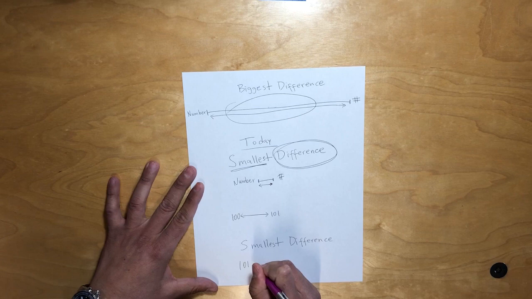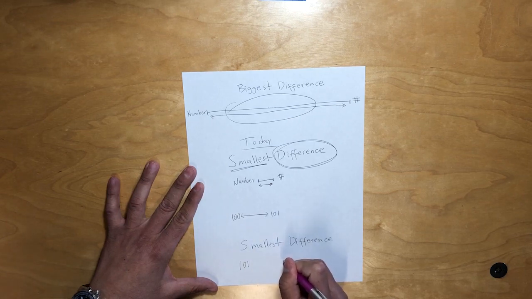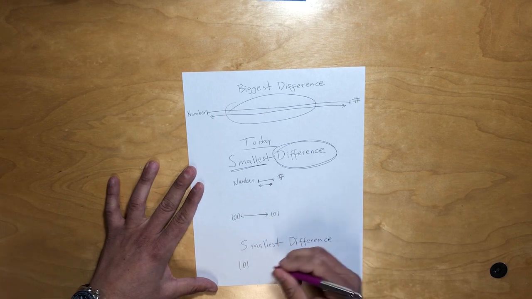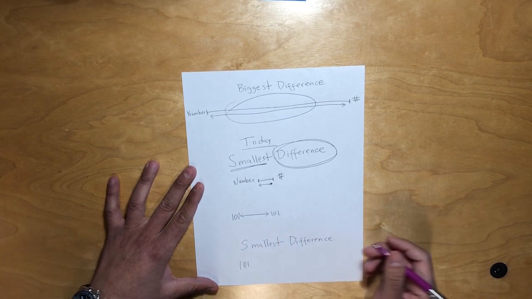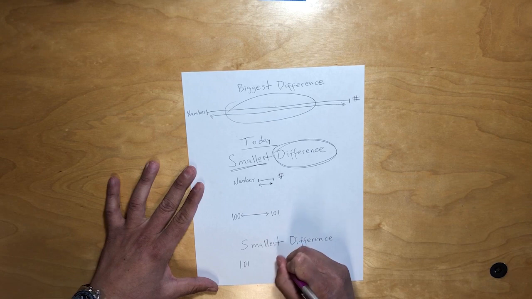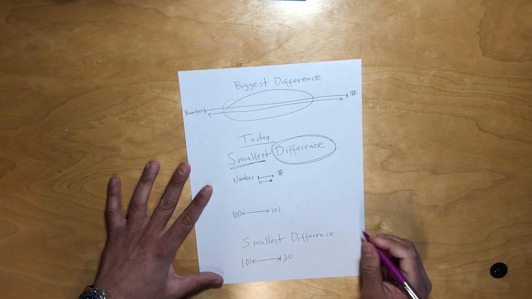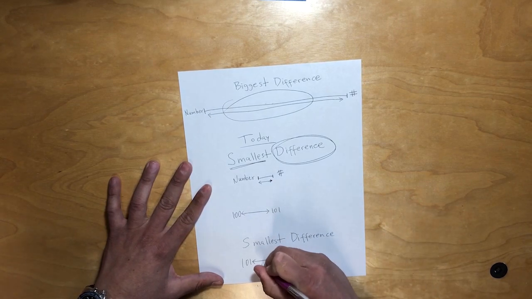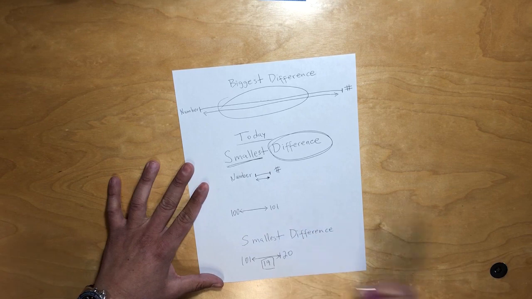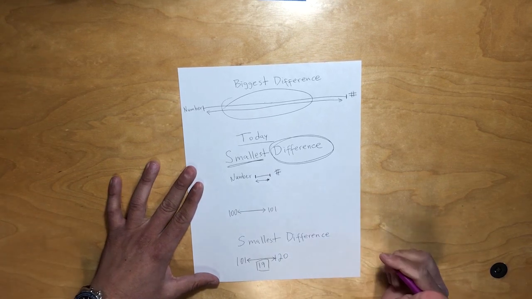Then I want to try to get the smallest number on the opposite side. So let's say I'm flipping my cards and I get 120. So the difference between 101 and 120 would be 19. So that is a pretty small difference, okay?